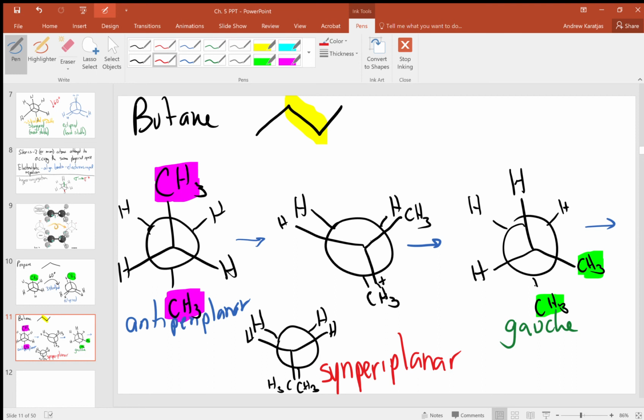The more stable a conformer is, the higher its population is going to be. And you may recall, and we won't go through the math right now, that there was an equation that you learned in general chemistry that related the equilibrium constant, or the equilibrium ratio, to the energy difference.